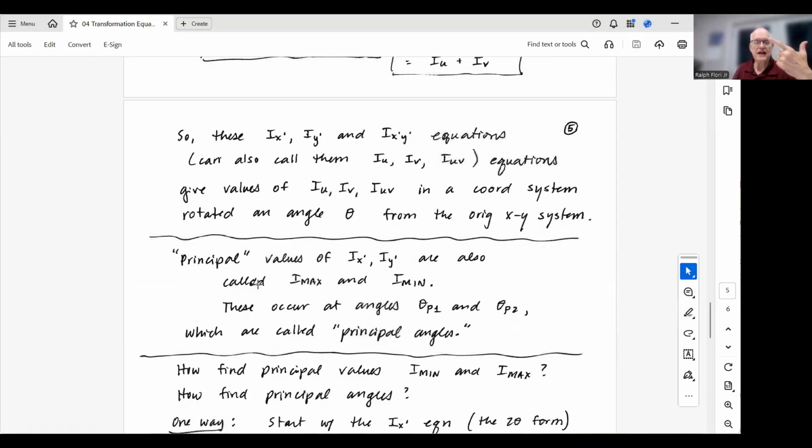At some orientation, if you have an I, U, and a V that vary with angle, at some theta there's going to be an I max and an I min. The question is, what are those I max and I min, and at what angle do they occur?